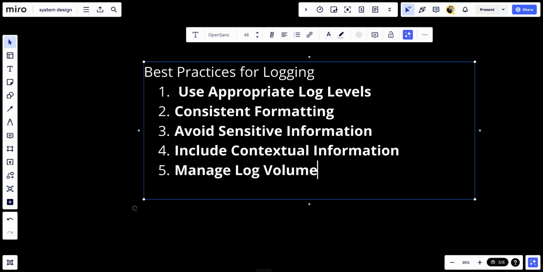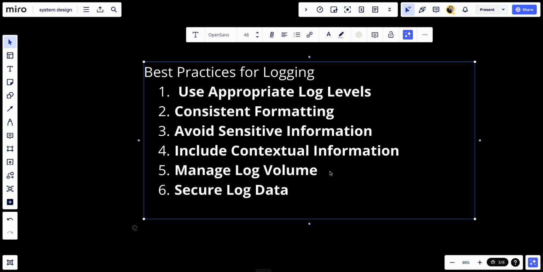Use log rotation and archiving to manage the size of log files, ensuring that they do not consume excessive disk space. Number six, secure log data. Protect log data against unauthorized access and tampering, especially if it contains sensitive or critical information.